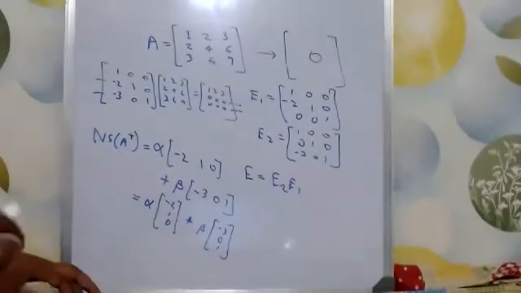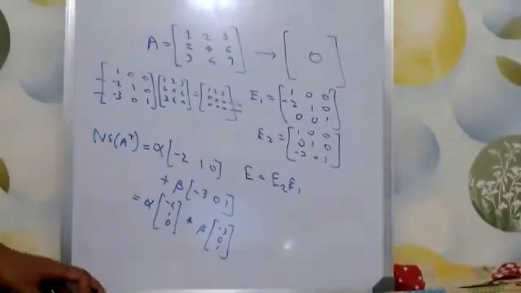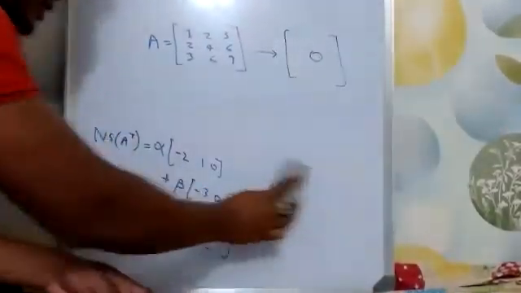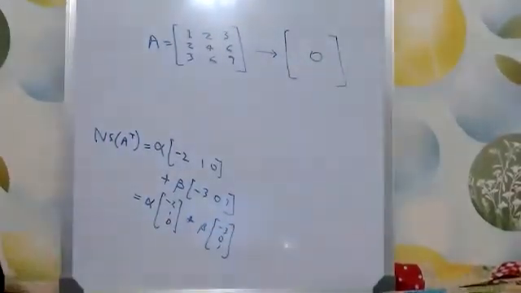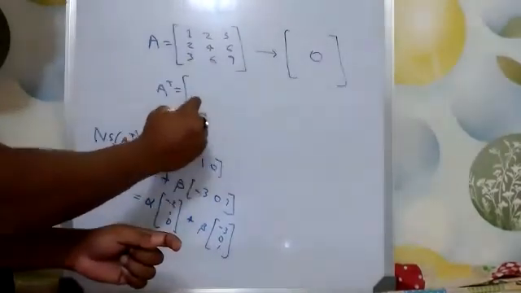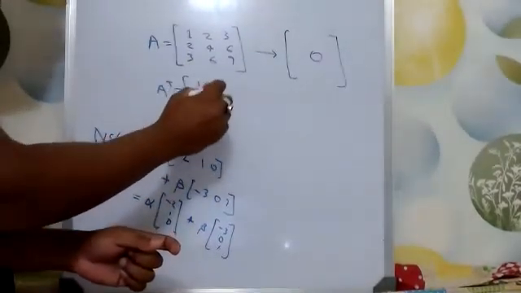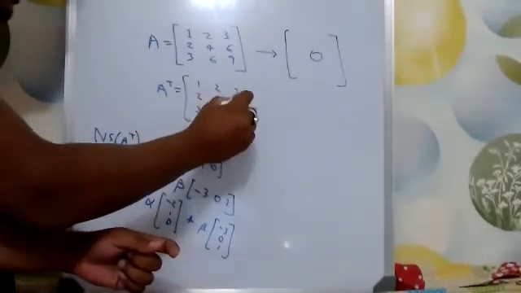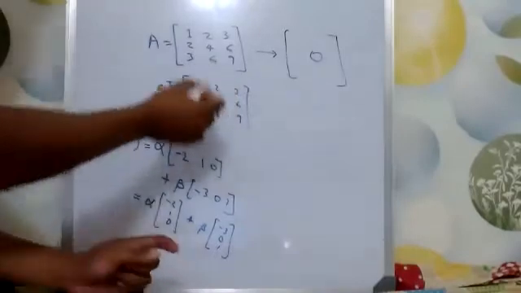What you could have done, another way of doing it, is take the A transpose, which will be equal to [1 2 3; 2 4 6; 3 6 9], which is actually the same thing.